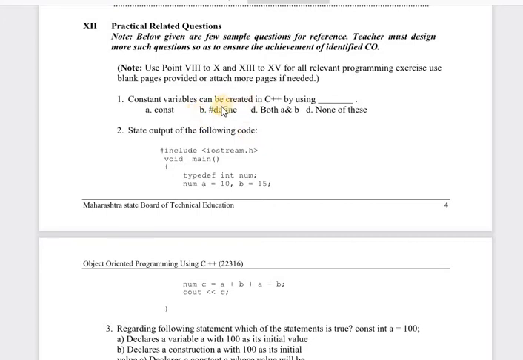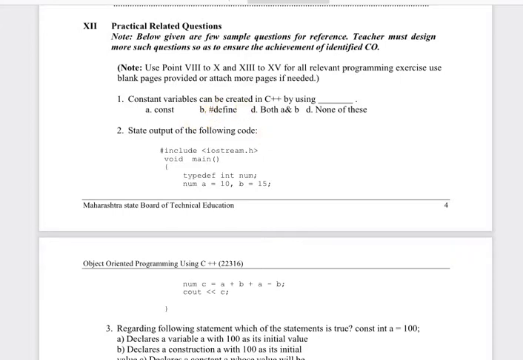Okay, it is a preprocessor, and to declare a constant variable we require this hash define. So the correct answer is B. In the notebook you have to write the question and all 4 options, and after that you can write the correct answer, that is B, hash define.